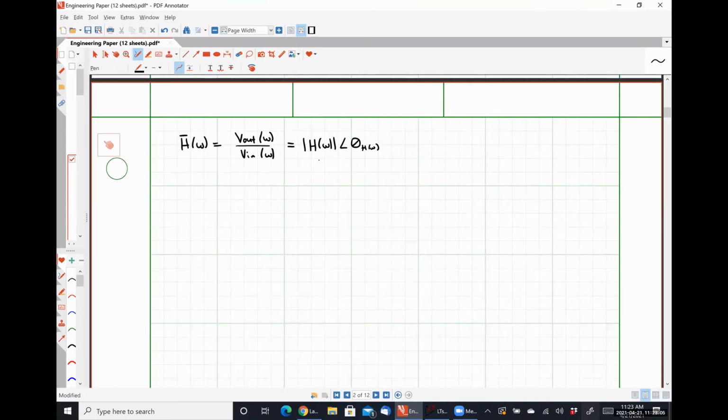So I'm going to label these guys just real quick. So this is what we're going to call the frequency response. And this is what we're going to call the phase response.